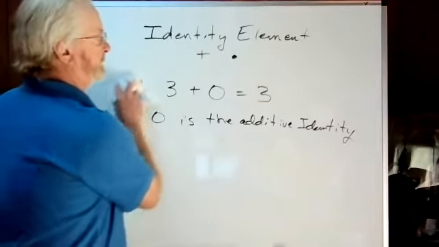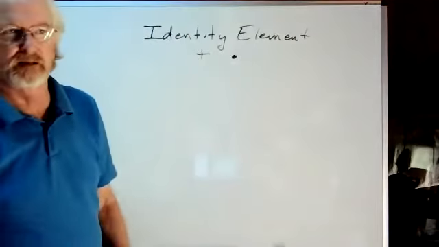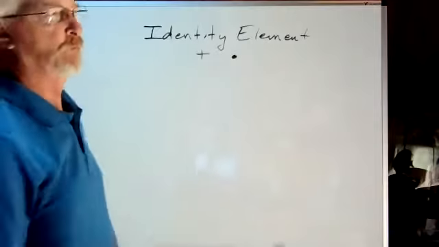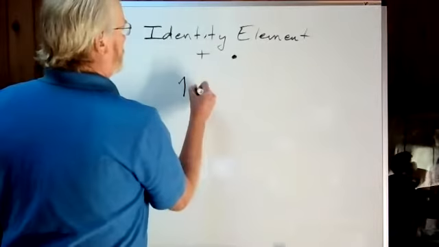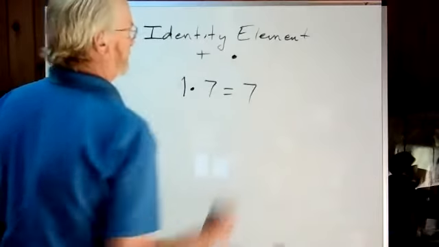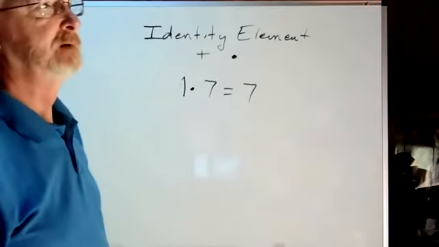Similarly for multiplication, there's a number we can multiply everything by and it doesn't change what you multiply it by. What number is that? It's 1. 1 times 7 is just 7. We can ignore the 1 if we get to that point.